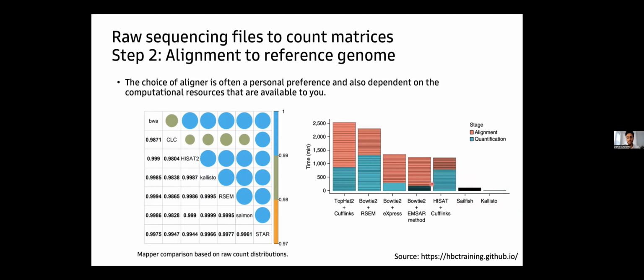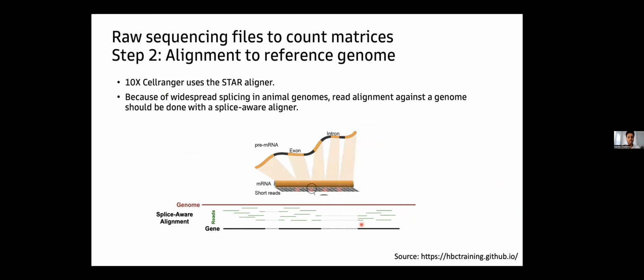You should consider a lot of different things when you're trying to determine which aligner to use. But one recommendation is that it is mostly better to use a splice-aware aligner.